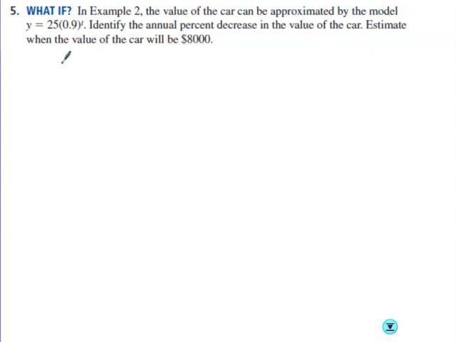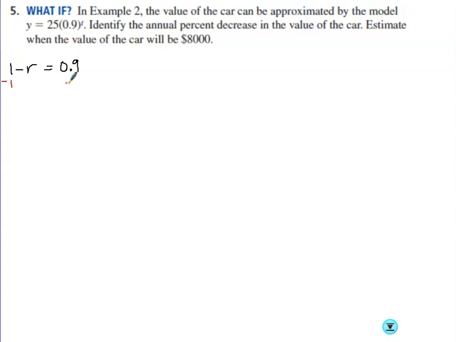The base of my exponent is 0.9, which is less than 1, so this is a decay. To identify the annual percent decrease in value of the car, what I'm looking for is the r value that gets me to 0.9. So I start with 1 and I subtract my r value, and that will give me 0.9. So we're always comparing to a starting value of 100% or 1.